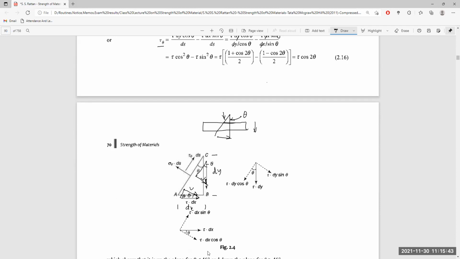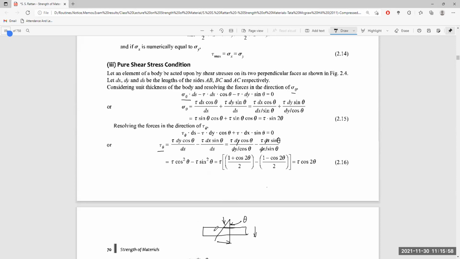So sigma theta ds is equal to tau dy sin theta minus tau dx cos theta, which is equal to 0 for sigma theta. Next, we follow the same procedure: we divide both sides by ds. Then ds is replaced by dx by sin theta in the first case and dy by cos theta in the next case, and the dy and dx cancel each other.